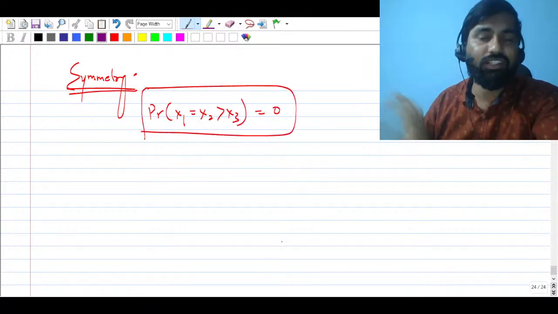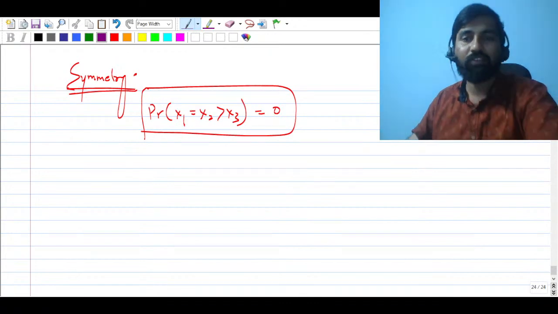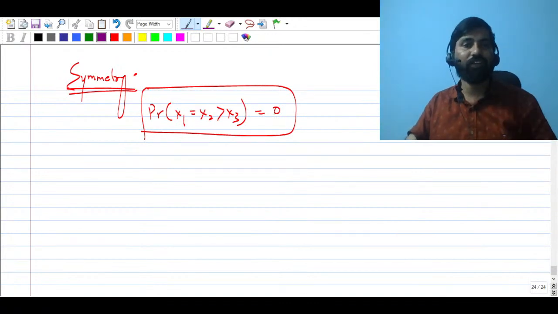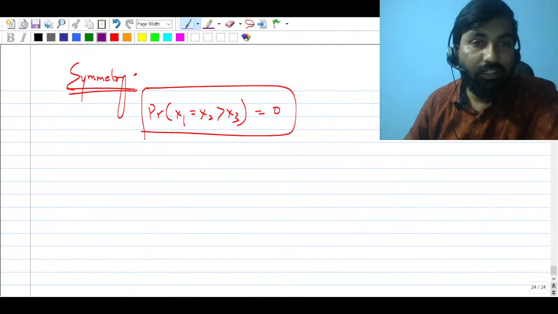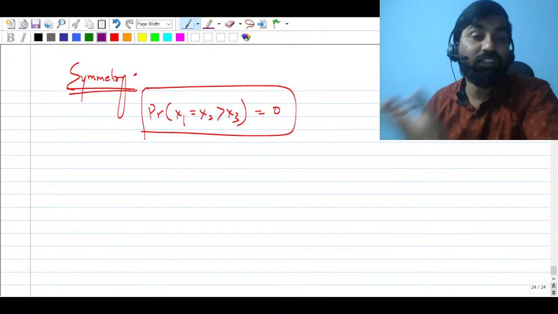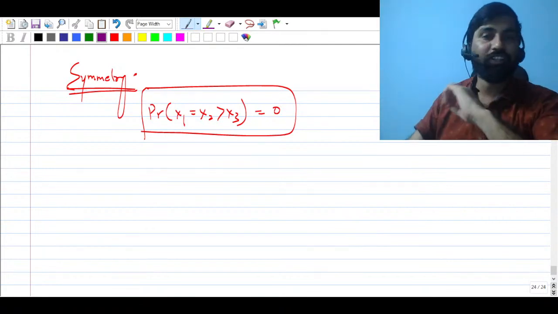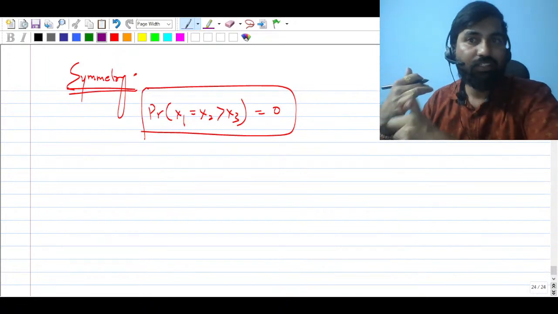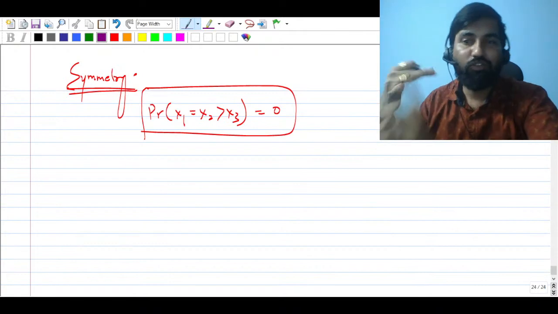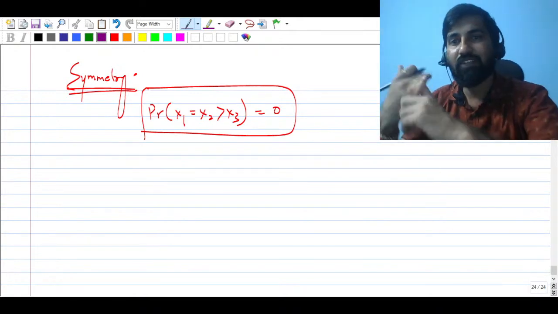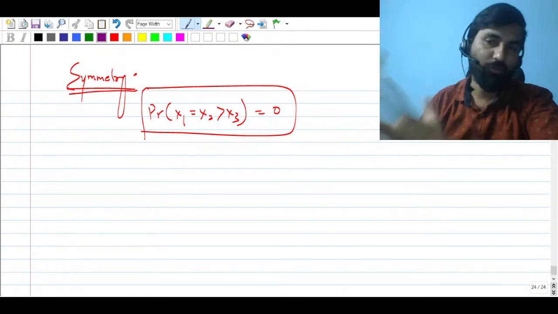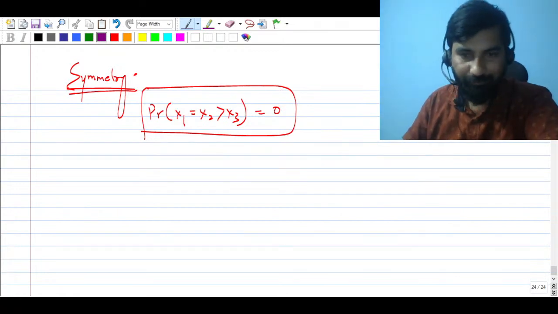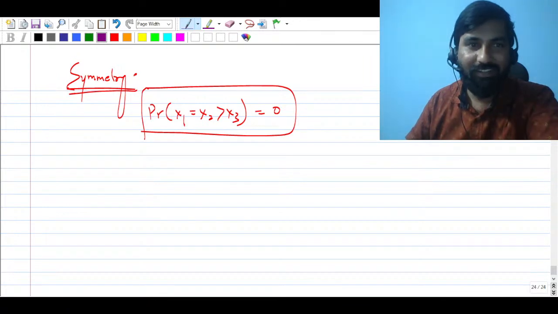Needless to solve anything. Somewhere there are some equalities. For equality you have to directly put zero. For inequality, the possibility which has some inequality, you have to use the symmetry concept. I hope this makes sense for you.